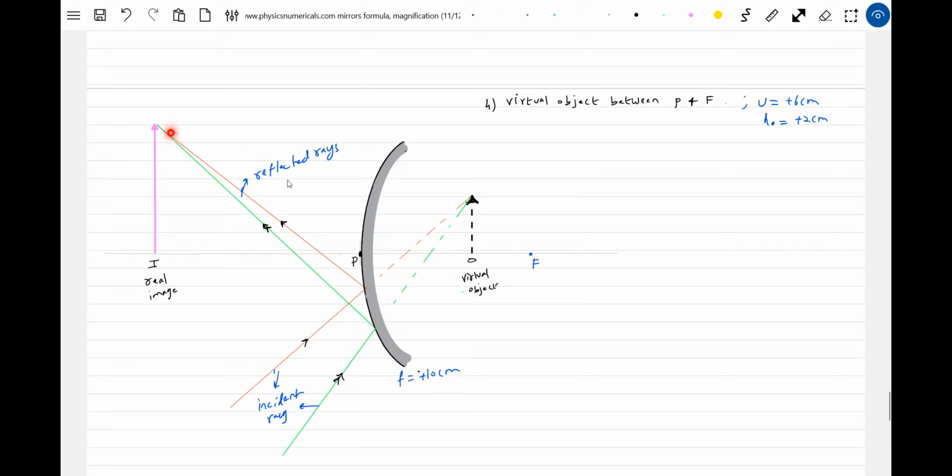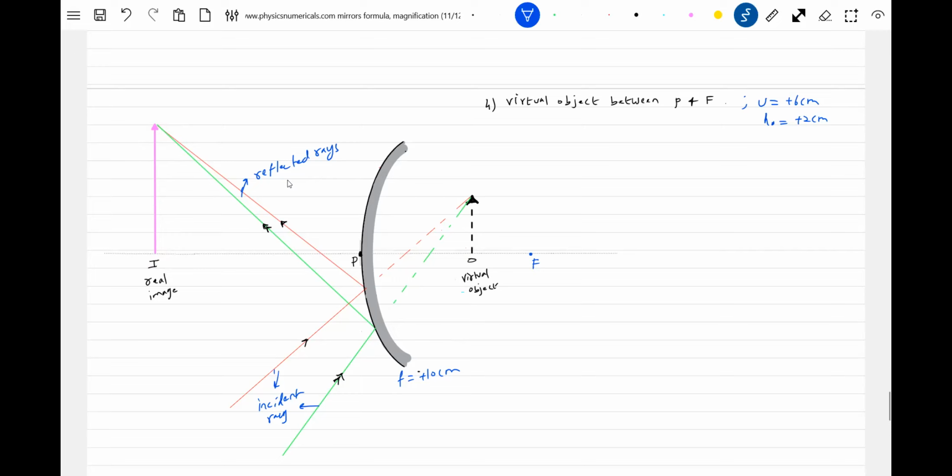If the image is formed by converging reflected rays, that image should be a real image. If the object is formed by converging incident rays, it should be a virtual object. So the ray after reflection wants to converge. The incident rays, if the mirror were not there, would have converged here. So this should be the location of the virtual object. After reflection, you can see this will go here. Similarly, this red color ray after reflection will meet here. So this should be the location of the real image.